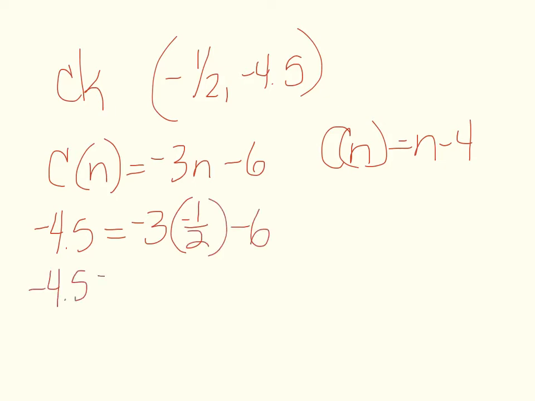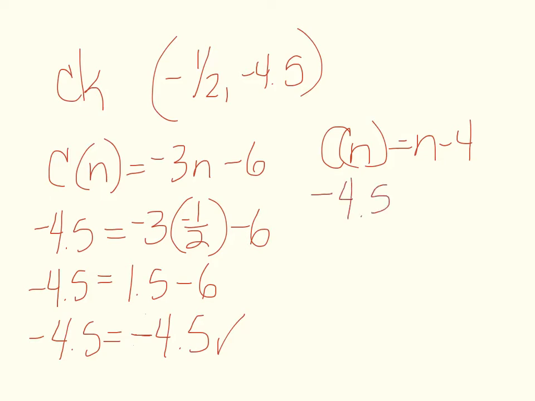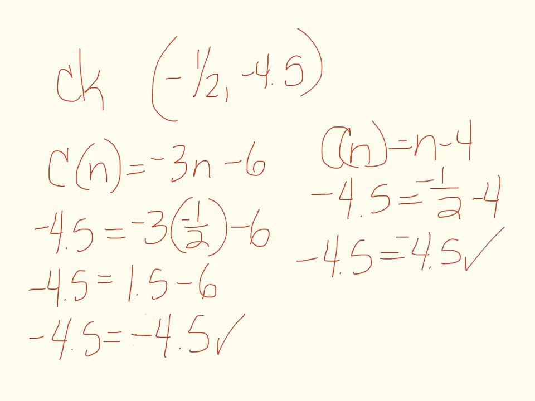Negative 4.5 equals 1.5 minus 6. Negative 4.5 equals negative 4.5. That's good. Over here, c of n is negative 4.5 equals negative 1/2 minus 4, and those check out as well. So those are good.